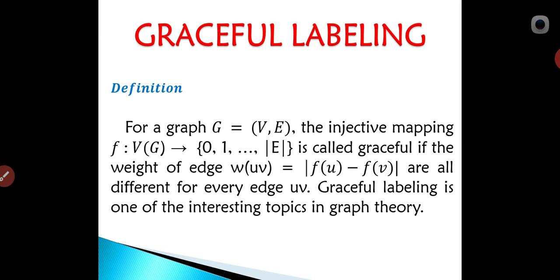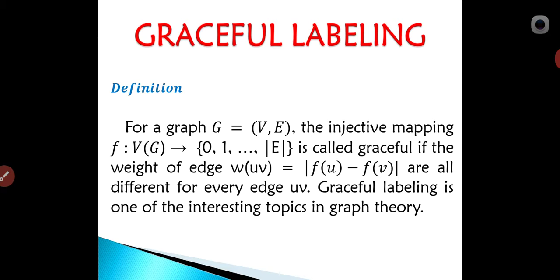So here we take a graph G equal to (V, E). The mapping is a one-to-one mapping. The mapping f from V of G to {0, 1, ..., |E|}, where |E| is the number of edges.